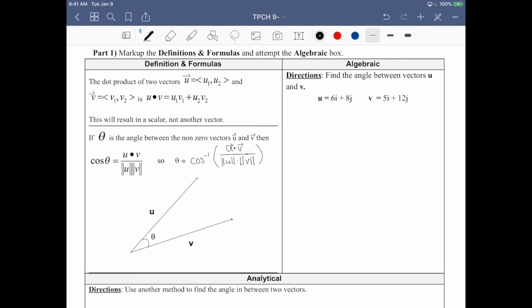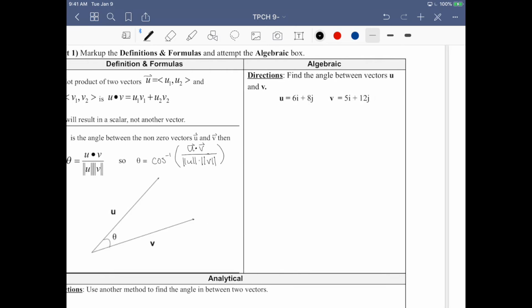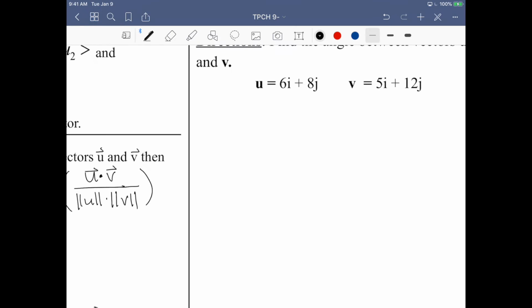The algebraic box says find the angle between vectors u and v. So here I have the linear combinations of the vectors u and v. I'm just going to zoom in a little bit. Remember, this is going to be u1, u2. This is going to be v1, v2.